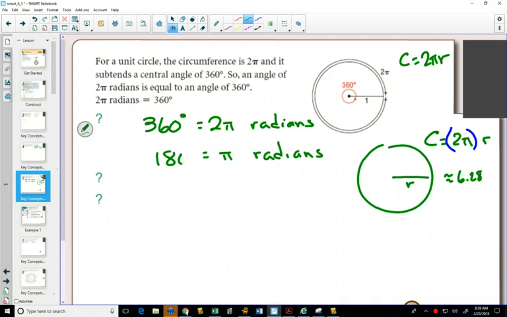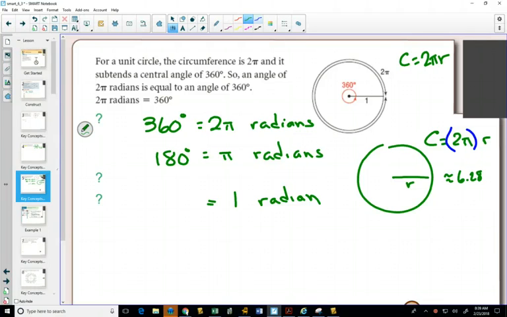Yeah, 180. So half a circle would be pi radians. Now, what did we do as we went from here to here? I divided by 2. This is just common ratios and common ideas of when things are equal but have different measurements, we can work with them. And from this, we could work a little bit further, and I could say, what's 1 radian?